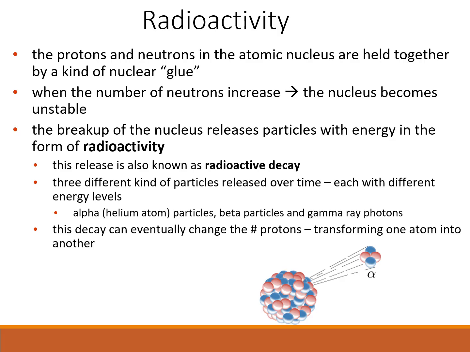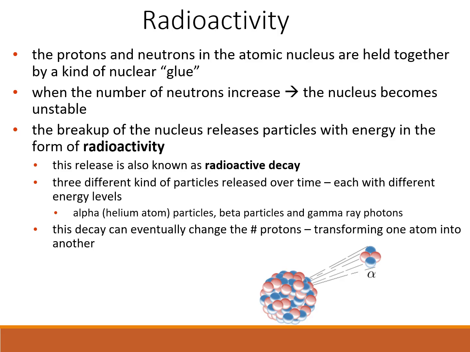Remember that protons and neutrons are found in the atomic nucleus. I want you to imagine that this nucleus is being held together by a kind of nuclear glue. And anytime you add another neutron to that atomic nucleus, that glue has to take that neutron in and hold it in. There is only so much room that you can have in the atomic nucleus for extra neutrons.